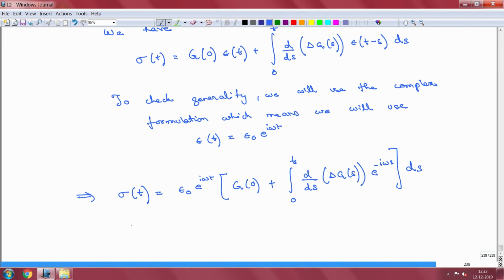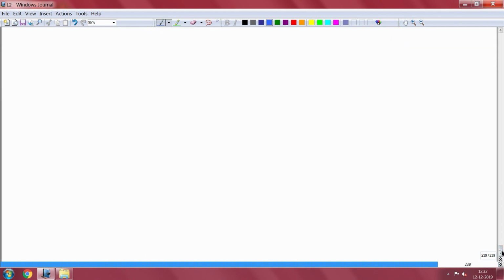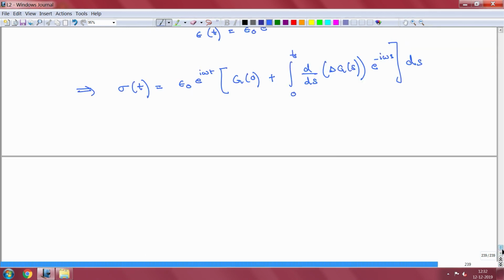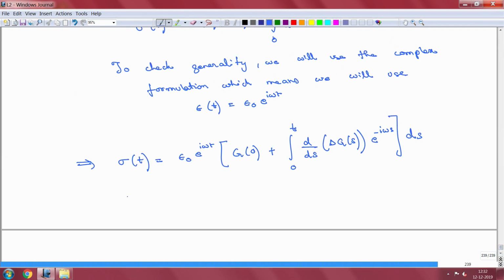And we had stated earlier that delta G t is such a function that it goes to 0 as t goes to infinity.